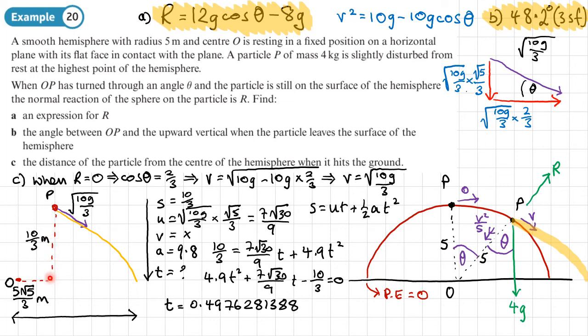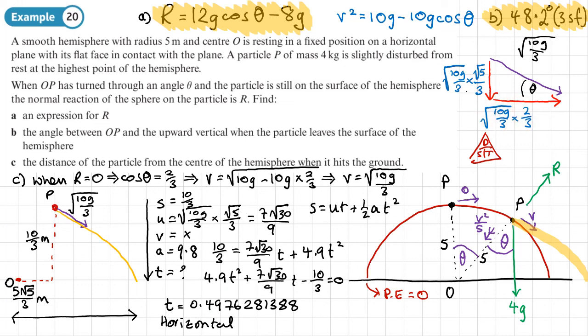Now what we're going to do is work out what this horizontal distance is. Now remember, with the horizontal part of a projectile, it's a constant speed, so we can just use speed, distance and time. And just a reminder, I formed a triangle here. So we're going to multiply this time by this horizontal speed here.